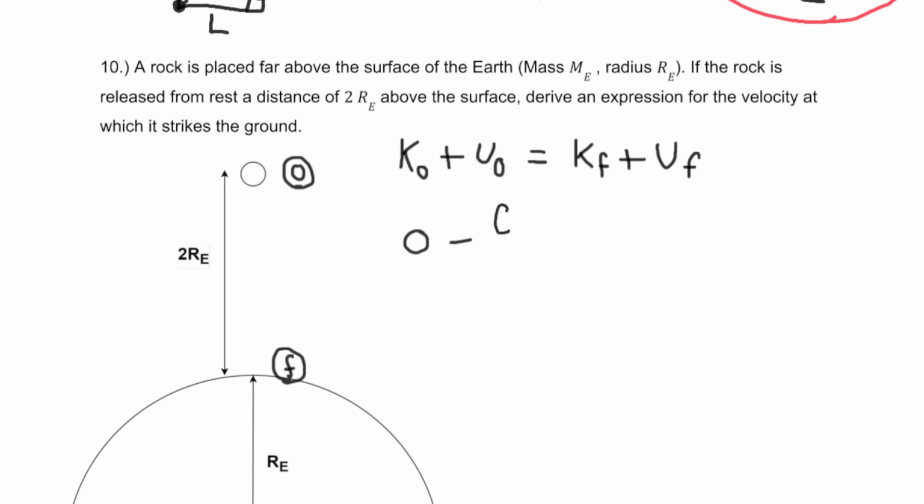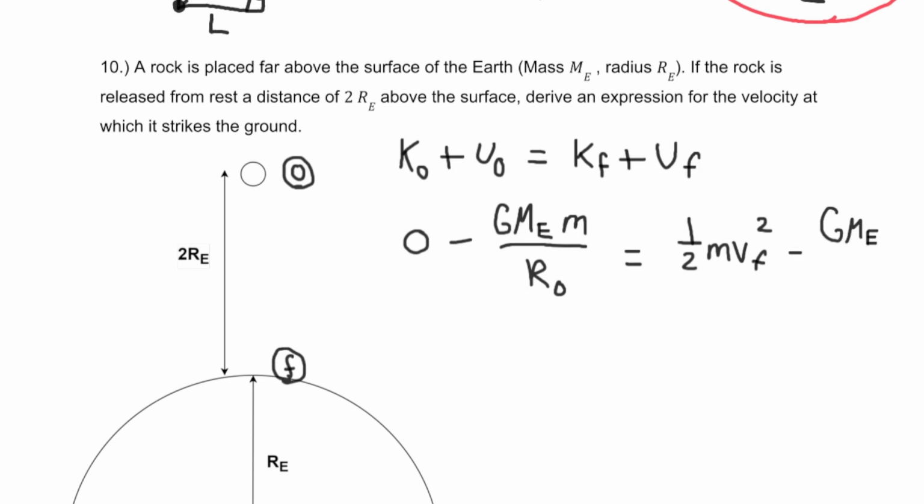And then our new expression for potential energy is just negative GMm divided by r. We'll plug those values in the next step. KE is still 1/2 mv squared. And then we have a different r value to put in here.